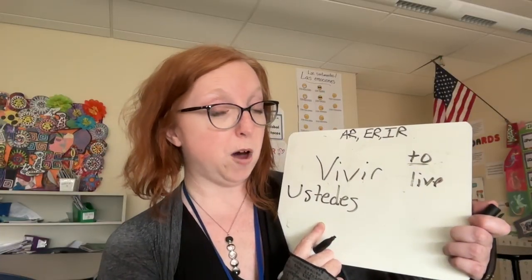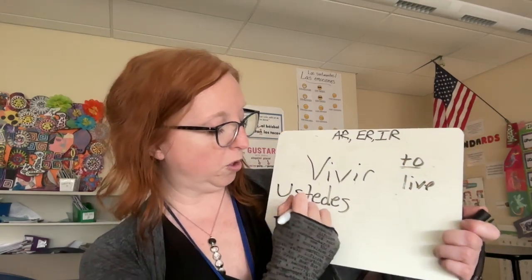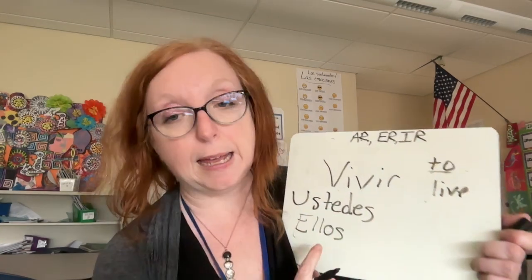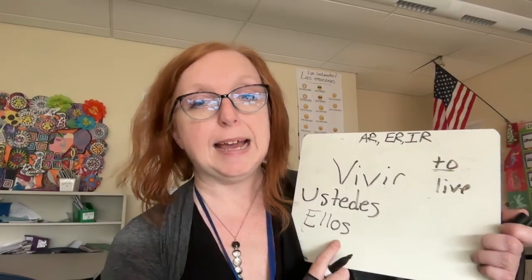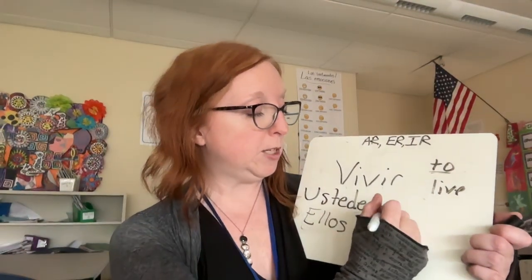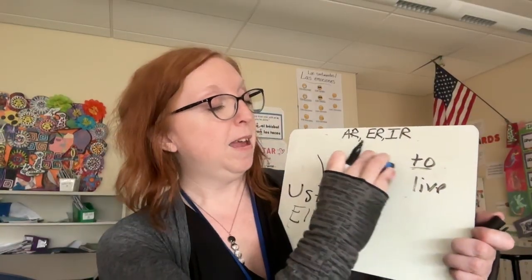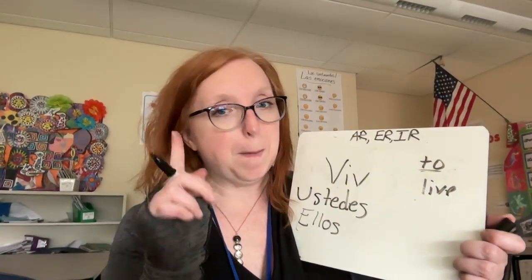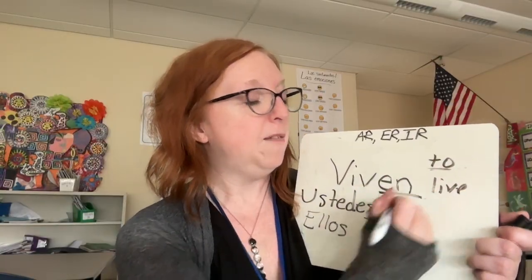And then last we have viven for ustedes, which is you all my strangers, you all people I don't know well, you all adults, and ellos or ellas. The plural, notice that the S at the end is what makes it plural. Ellas is they. So whether it is you plural or they, it is not an I but an E. Chop off the IR, replace it with an E: viven.